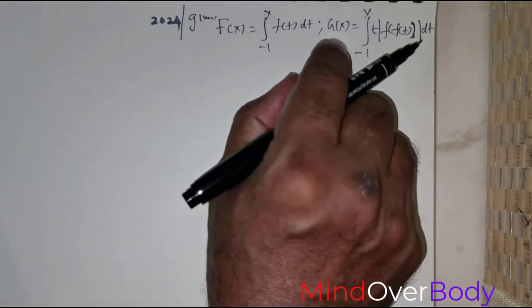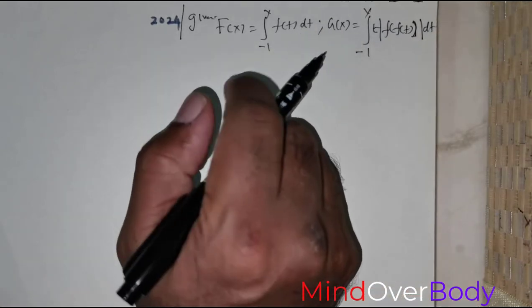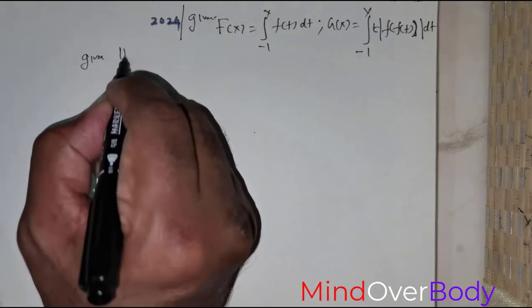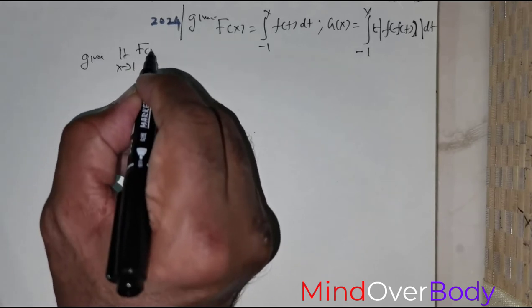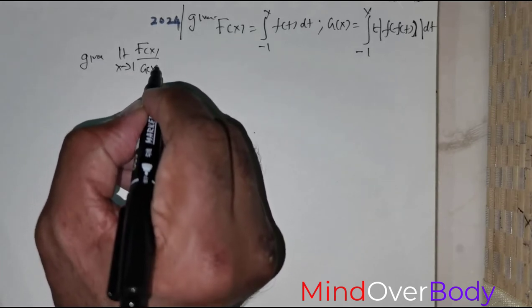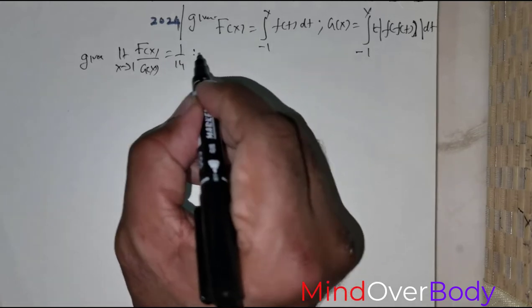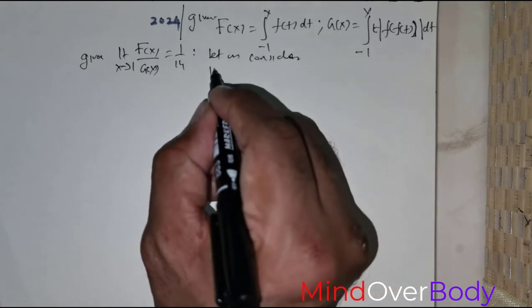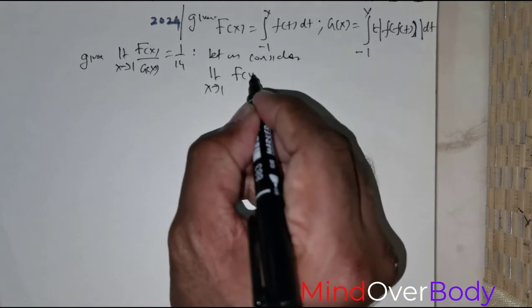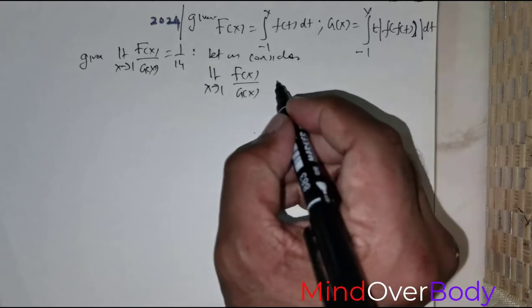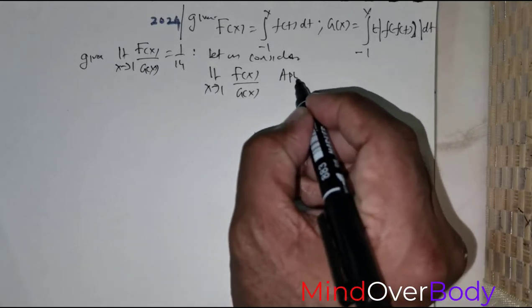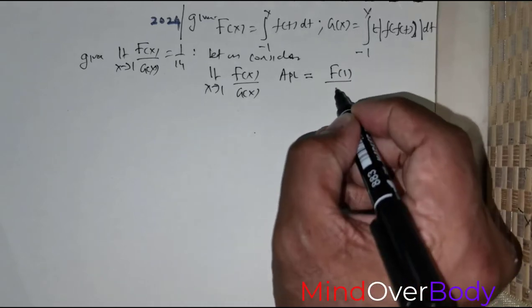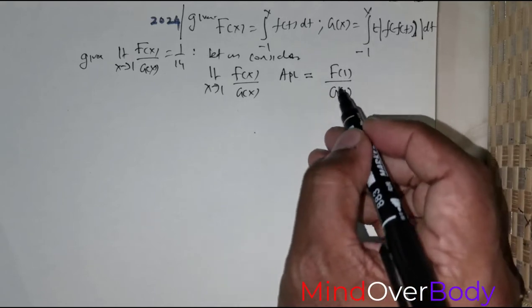This is for g of x, this is for f of x, and we are given that limit x tending to 1 of capital F of x over g of x is equal to 1 over 14. So now what I'm going to do is, let us consider limit x tending to 1 of capital F of x divided by g of x. Now applying limits, what do we get? This is equal to f of 1 divided by g of 1. Now the question is, we want to know if it is 0 over 0 form.